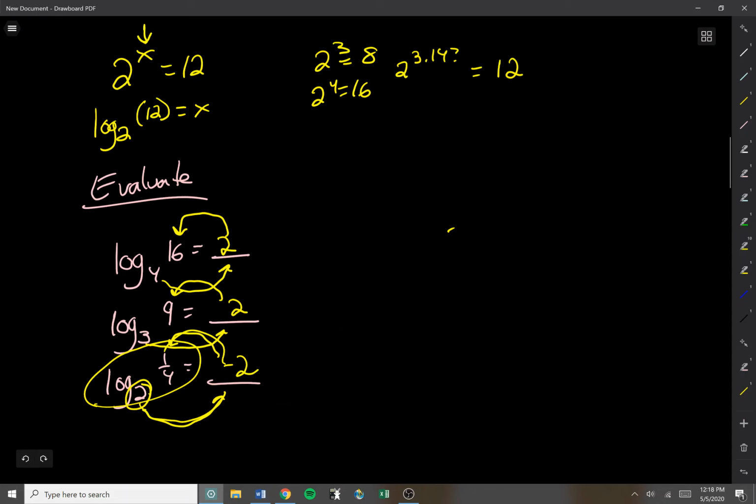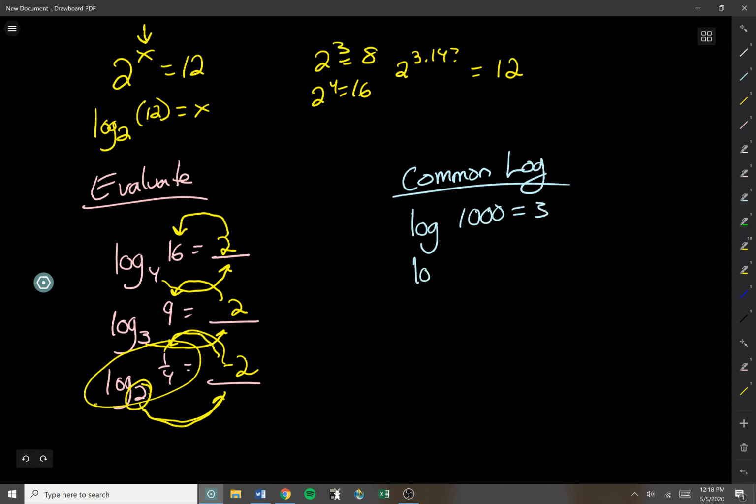There's two special types of logarithms. One is called the common log. If ever you see a log written without a base, it really just means you have a base of 10. We use base 10 so often that we don't bother writing it down.